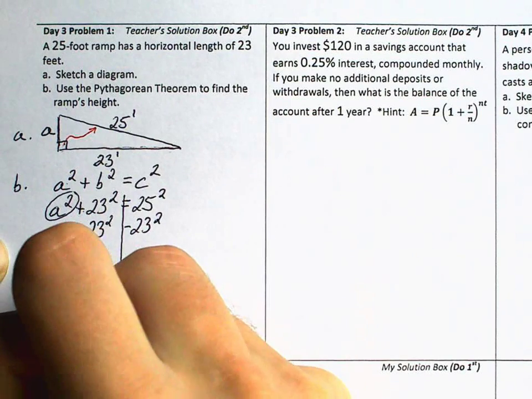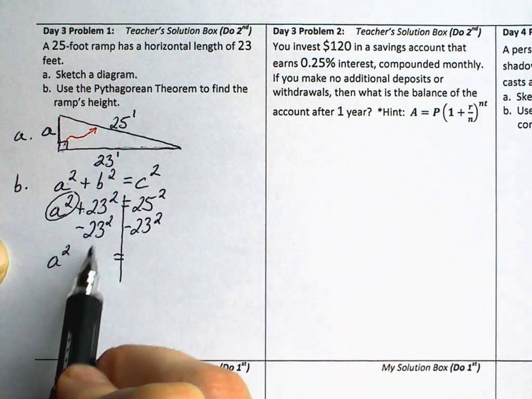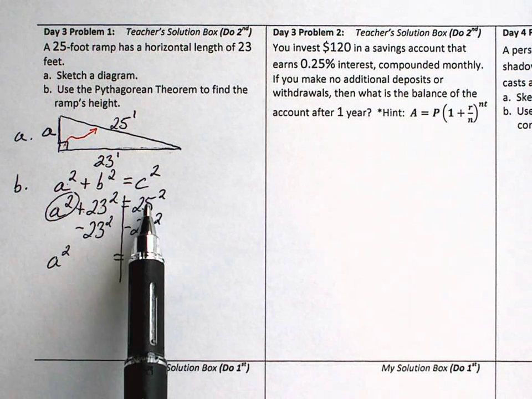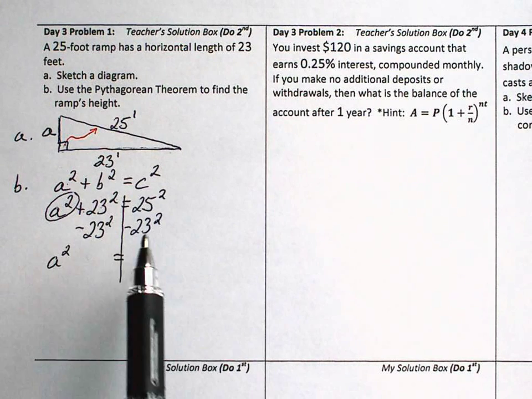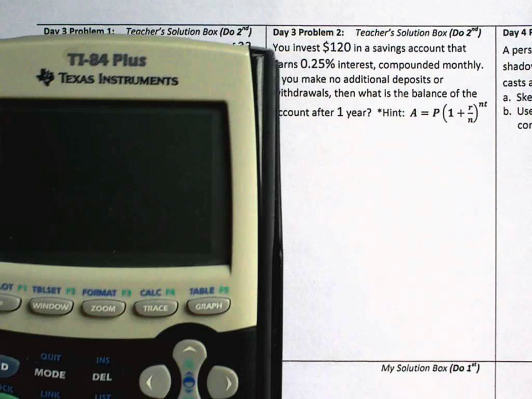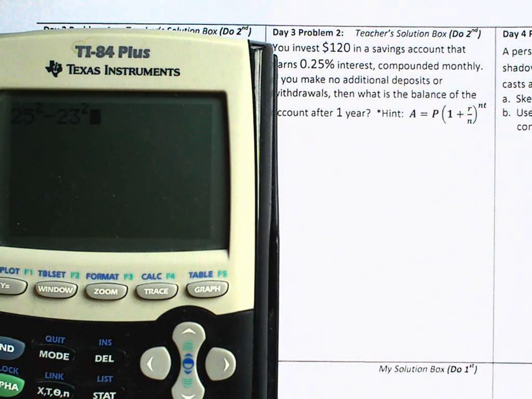The A squared comes straight down. 23 squared, subtract 23 squared makes 0. And over on this side of the equation, we need to figure out 25 squared, subtract 23 squared. 25 squared, subtract 23 squared. 96.